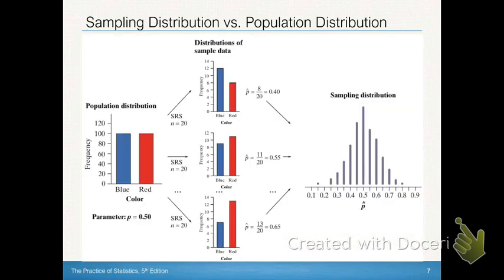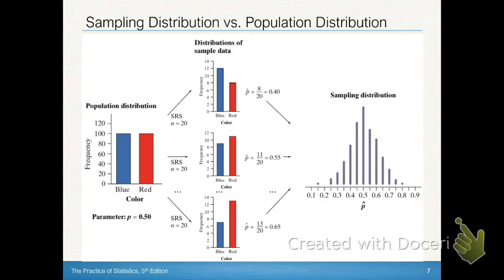So let's take one more look at these in a visual pattern. Let's say that we had candies and we know that exactly half of them are blue and exactly half of them are red. That would represent the bar graph on the left. That is our population distribution. Now in the middle, we've got 3 different samples. Maybe we picked 20 candies at random, and the first time we had 12 blues and 8 reds.